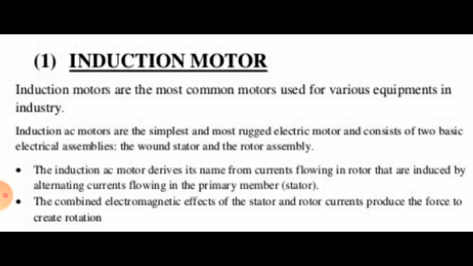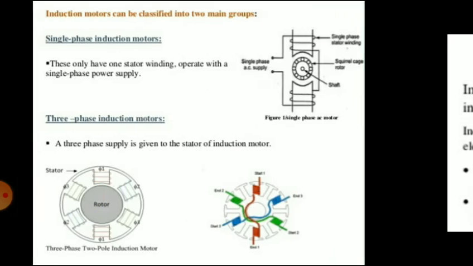The induction AC motor derives its name from the currents flowing in the rotor that are induced by the alternating currents flowing in a primary member, that is the stator. The combined electromagnetic effects of the stator and rotor currents produce the force to create rotation.